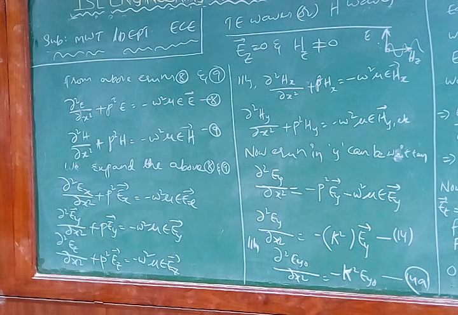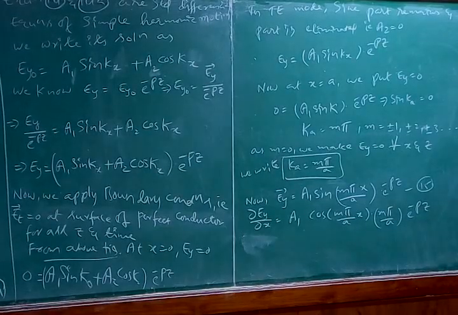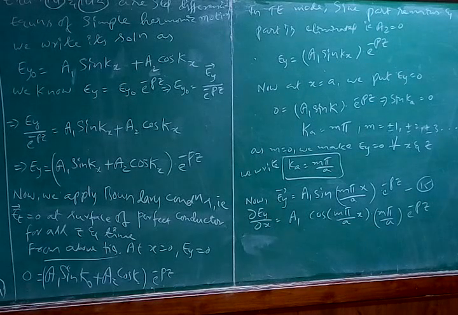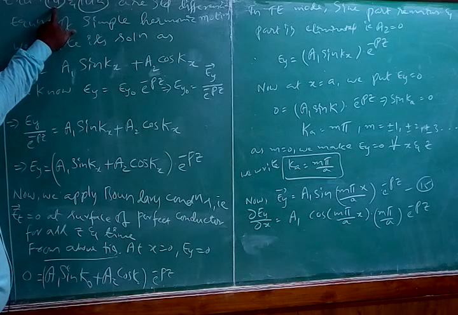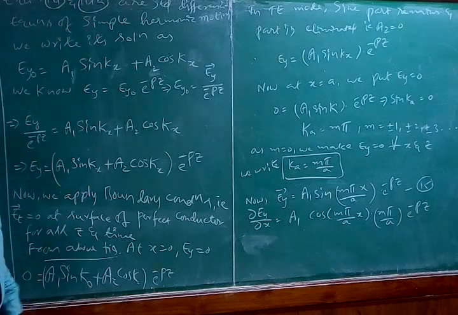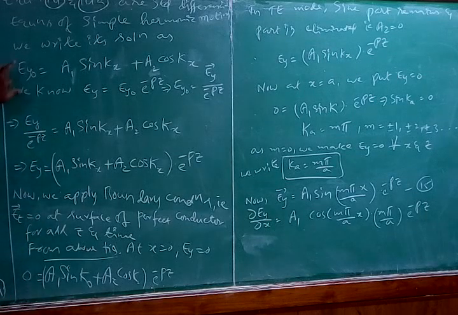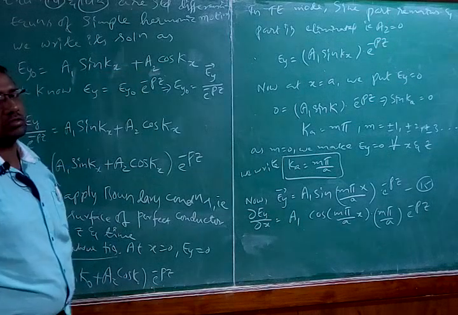Now let us start solving equations 14 and 14a. Just observe now what are the forms of equation number 14 and 14a. They are going to be the standard differential equations of simple harmonic motion, and we write the solution of that equation in terms of sine and cos components.